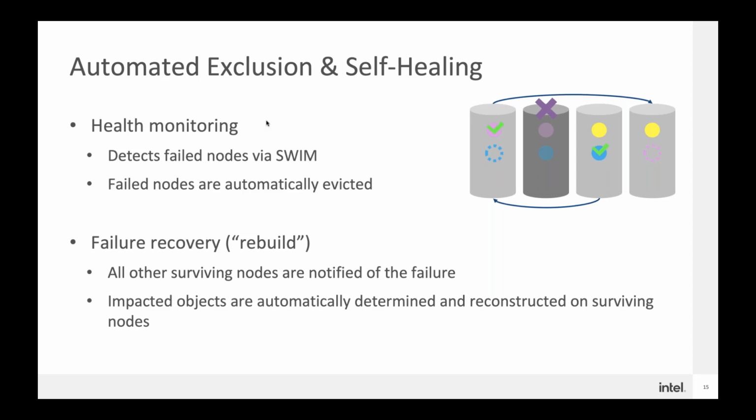It is a gossip-based protocol. It can detect node failure in a certain time period. DAOS service can subscribe to the SWIM protocol for failure notification and start a rebuild protocol, which is the second component of the self-healing system, if there is a failure event.